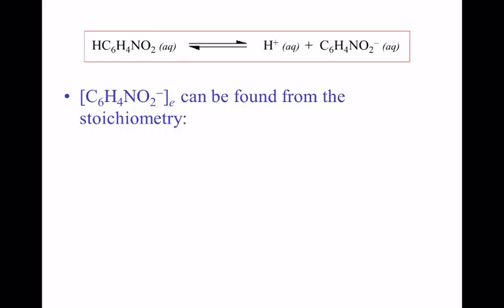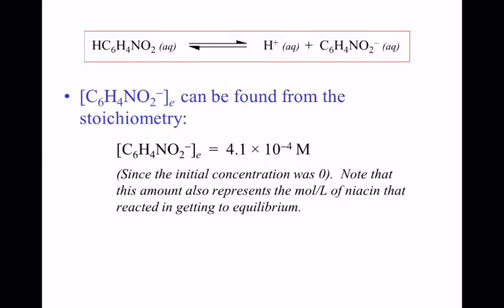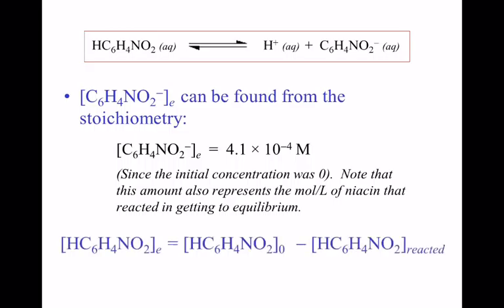So at equilibrium, we can take the initial and apply the change. At equilibrium, this is 4.1 times 10 to the minus 4th moles per liter. The other one, we get to do this subtraction. Remember, if we're subtracting, we round according to decimals.